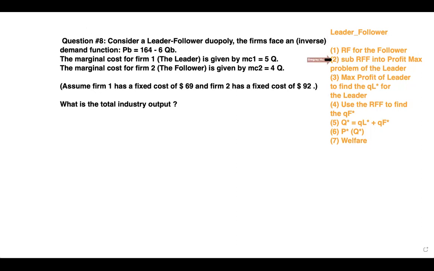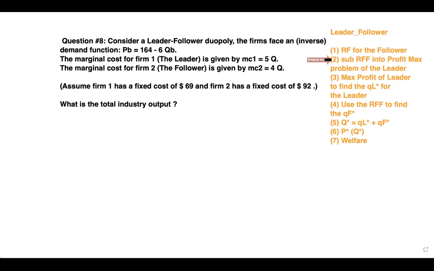So what's happening is the leader knows that the follower is going to follow his or her production decisions.